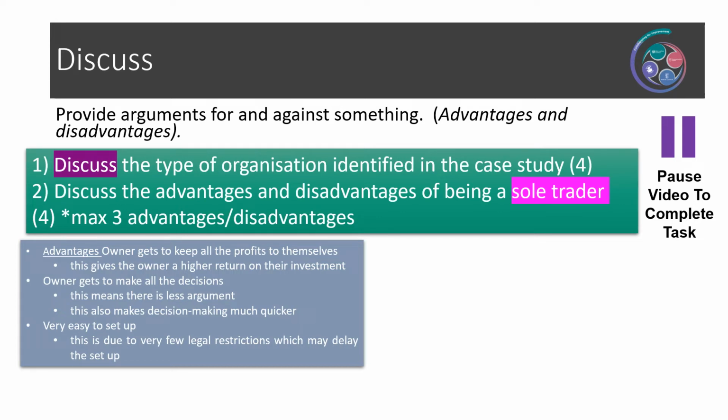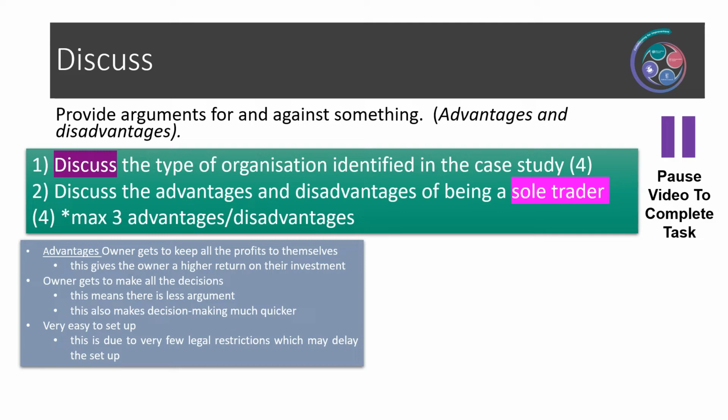Development points is when you go on to describe or further describe or develop your answers further. So for example, advantages, the owner gets to keep all the profits to themselves. That would be 1 mark. But if you went on to say, well, why is that a good thing? It is a good thing because it gives the owner a higher return on their investment. So you would be given what's called a development point.